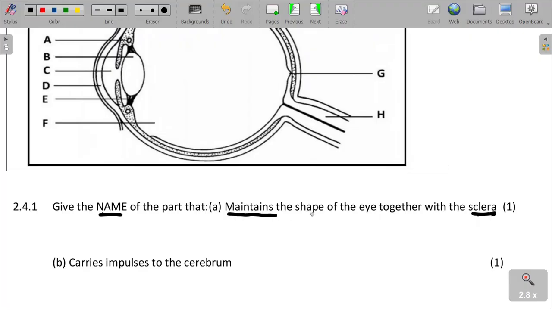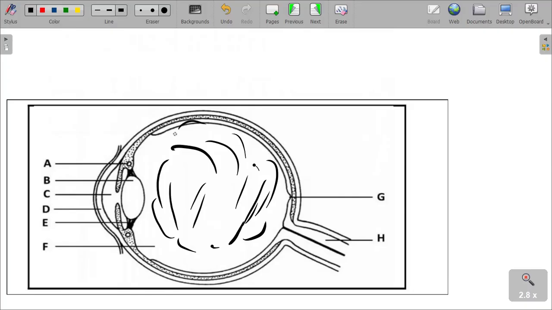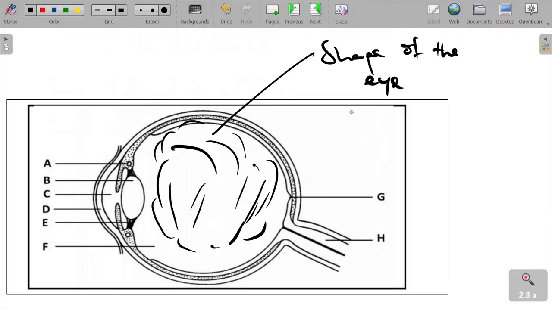You should talk about this part here. The shape of the eye is maintained because of this part. It is the vitreous humor.